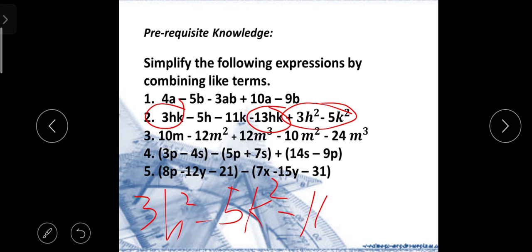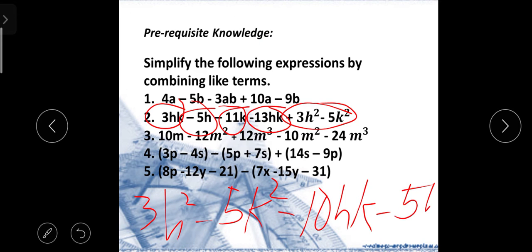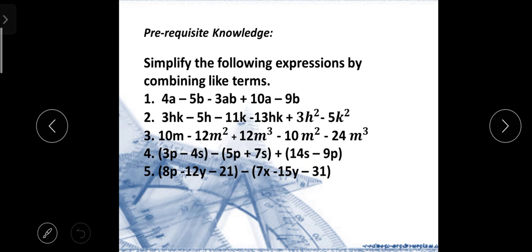So, meron tayong negative 10hk. Negative yung sign na gagamitin natin since mas mataas yung negative 13 kaysa sa positive 3. And then, yung mga wala naman pong kasama or walang katulad, negative 5h and negative 11k. So, this is the simplified answer for number 2.